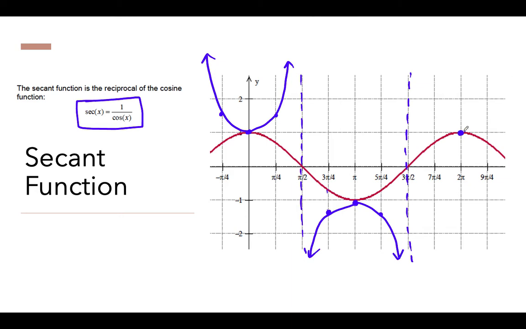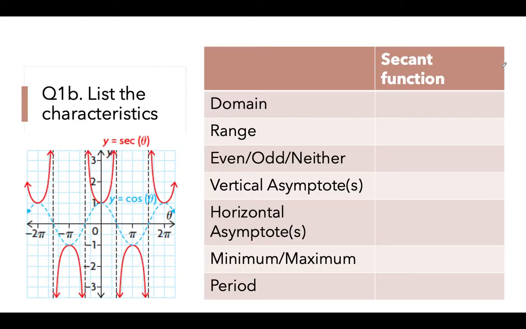And for this one it will be like that. So as we can see from the previous example, it's very similar to the cosecant graph. What you will notice is that there is a phase shift. So the red graph is y equals secant x.